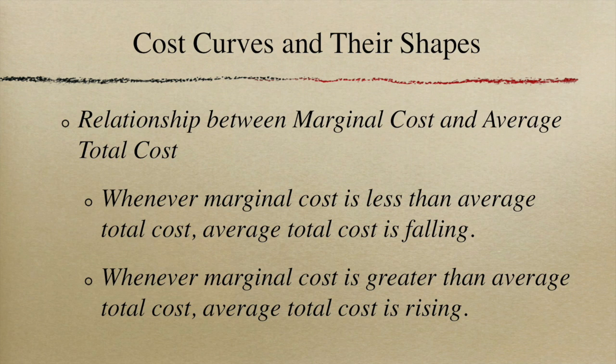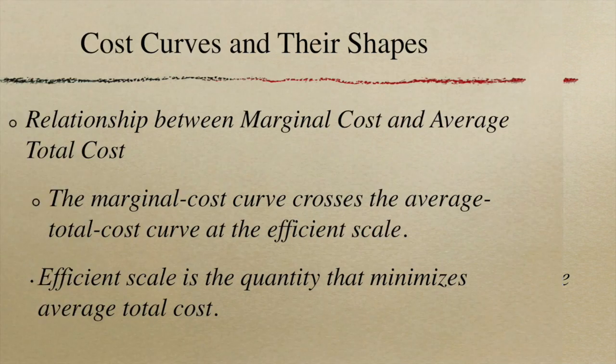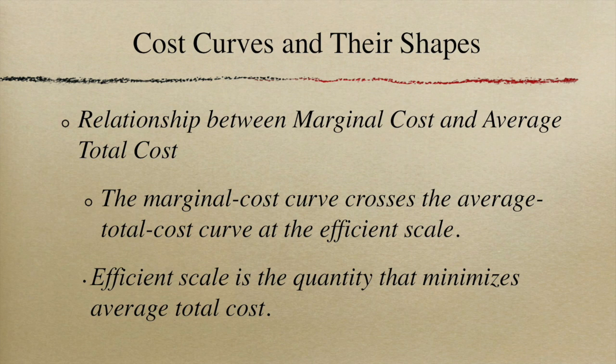Whenever marginal cost is greater than average total cost, average total cost is rising. And the marginal cost curve is always going to intersect the average total cost at the efficient scale. Okay, it has to. So the marginal cost is always going to intersect the ATC at its lowest point, the cheapest you can produce a product for.